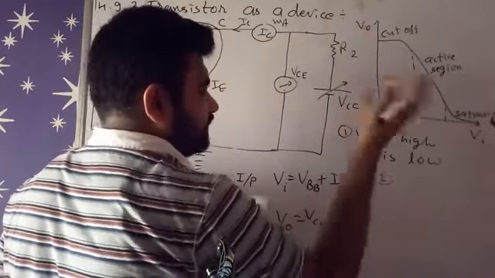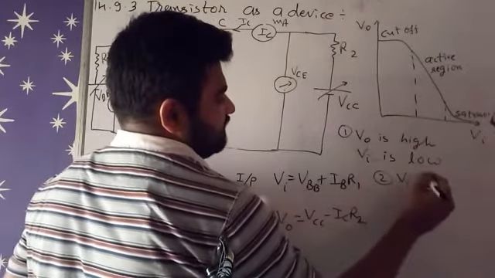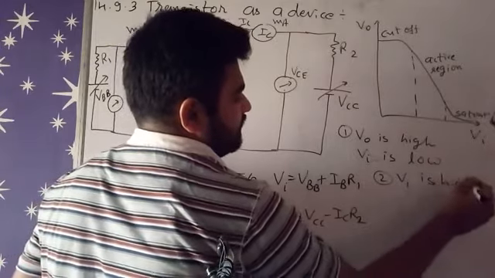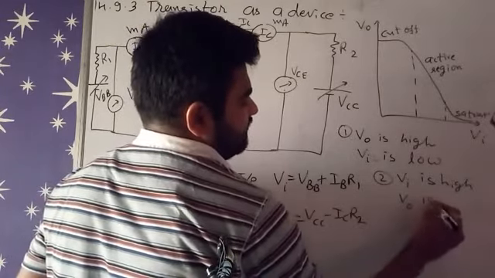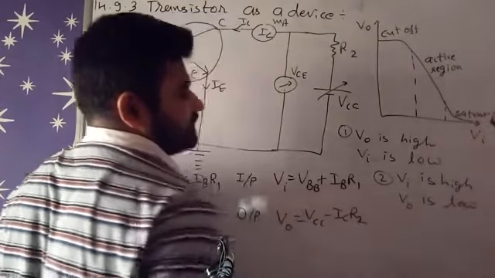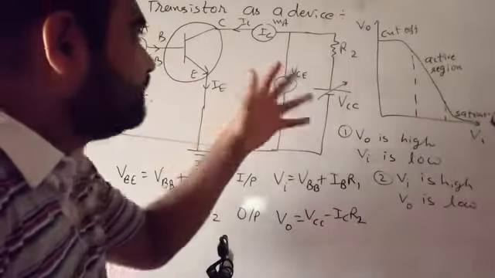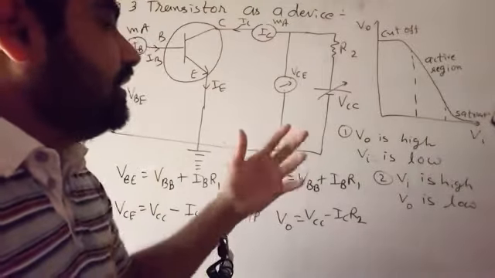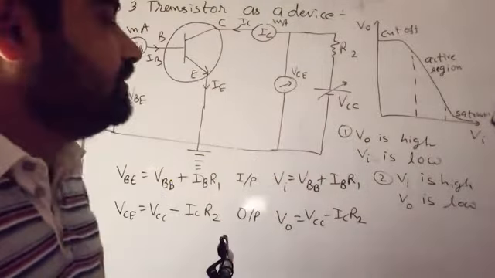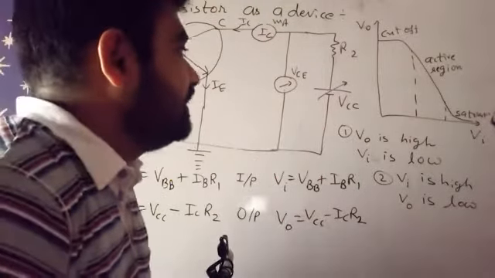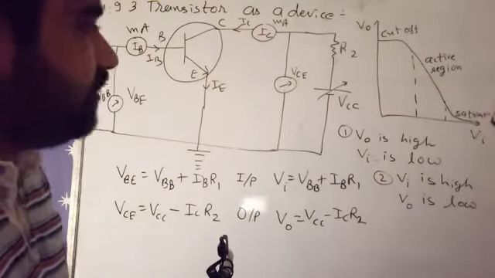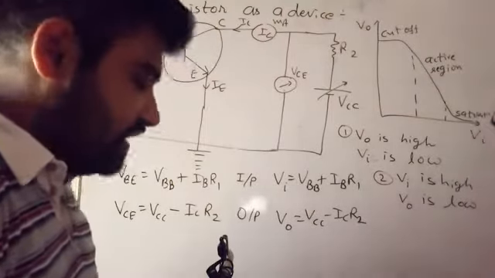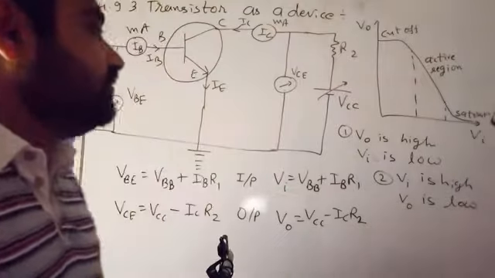Second observation, vice versa, VI is high, then VO is low, right? So this is like a switch, one is off, another is on, another is off, one is on, like that, right? So to form this circuit, we have this active region.